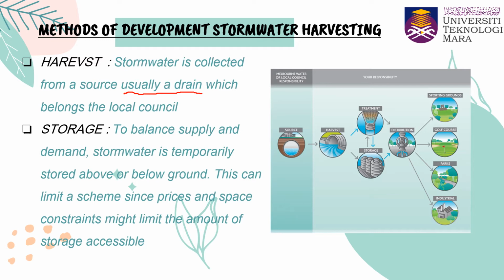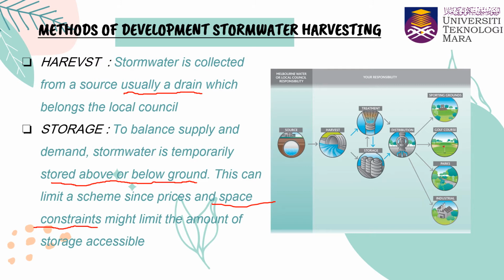Stormwater is temporarily stored above or below ground. This can limit the scheme, since prices and space constraints might limit the amount of storage accessible. For stormwater harvesting, we need to consider the space constraint.